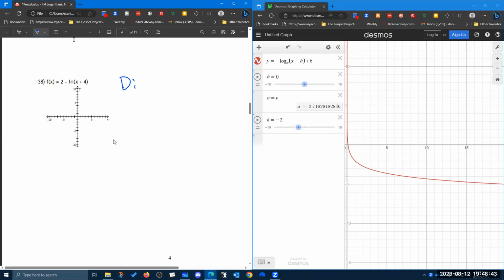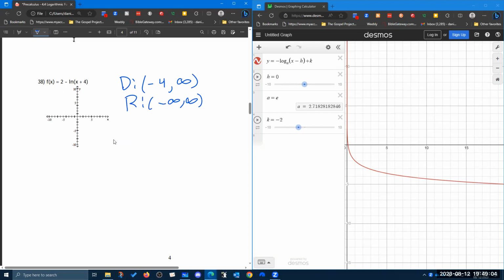Domain here, it's going to be -4 to infinity. I got that -4 by setting this x plus 4 that's inside the log to 0 and solving. My range is going to be negative infinity to infinity.